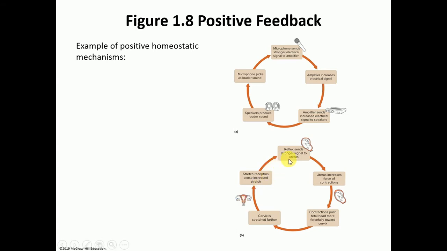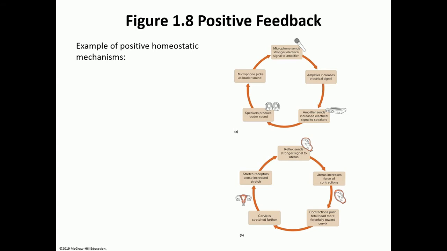It's a deviation away from normal physiology. According to negative feedback, your body would want to bring things back to normal, meaning to stop the contractions. Well, that would mean that the baby will never be delivered. So in order to deliver the baby, the body has to amplify those contractions. It'll amplify the change further away from normal physiology.